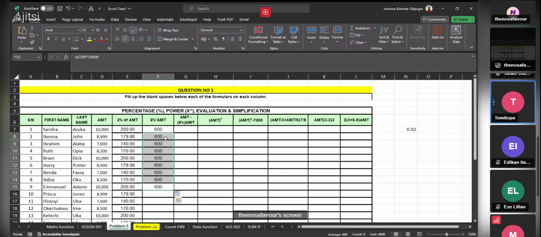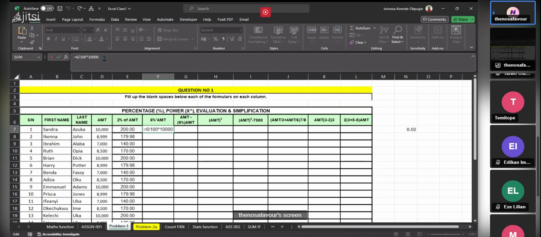Because there's no formula. Good. But it's not just that. You used the content of the cell instead of the container of the cell. Because we used the content, Excel is going to use that 10,000 across all board.